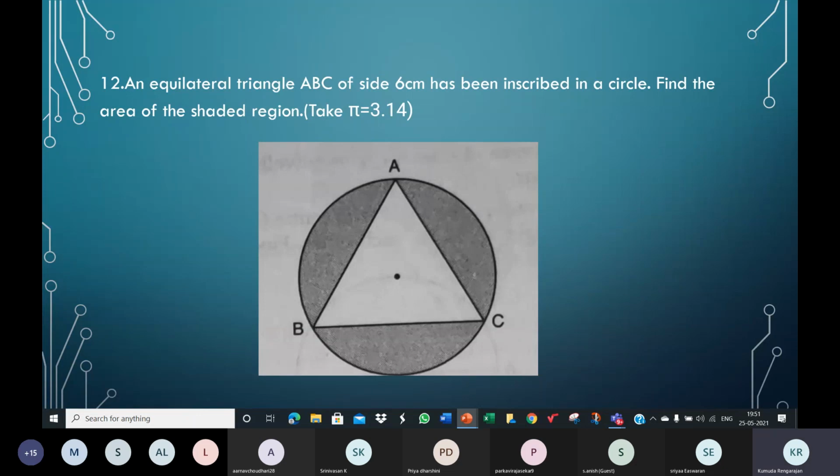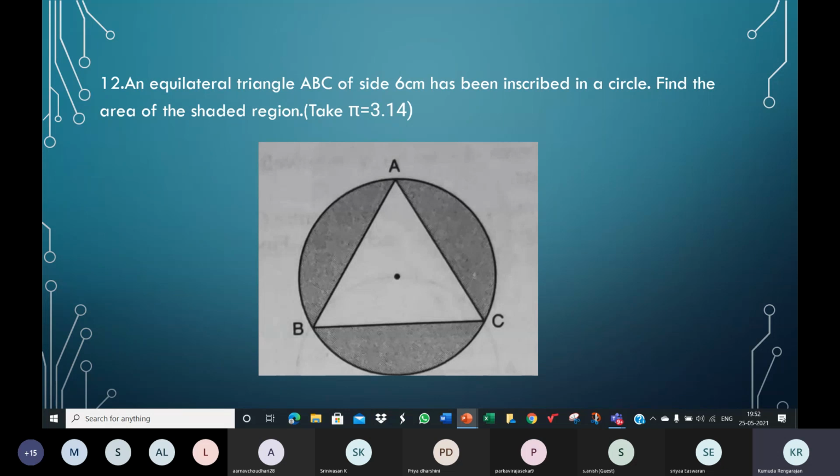Tan 30 is opposite over adjacent. Perfect, Srinivasan. So you found the radius. Now go on to find the area of the circle.